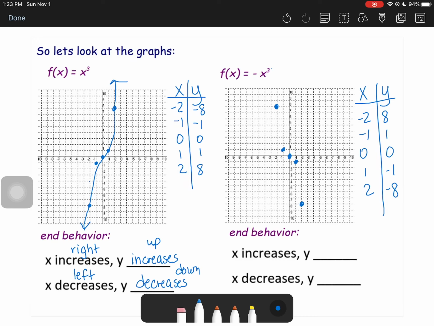You can see that this is the same exact function, but it has flipped over because it is the opposite, or the negative of it. This time as x increases, or as it goes to the right, y decreases, which is going down. As x decreases, or going to the left, y increases, or you notice it's going up.